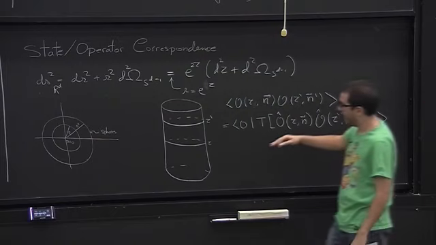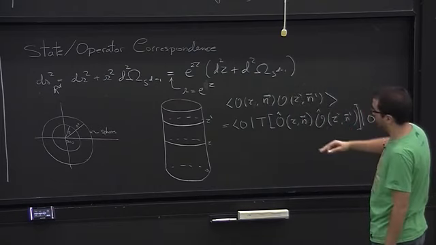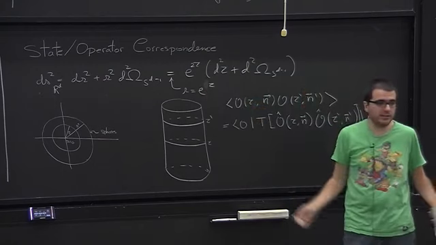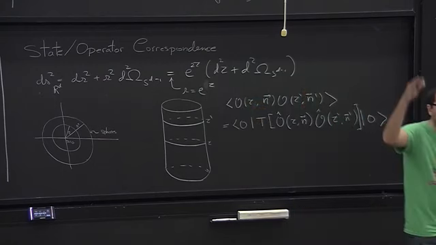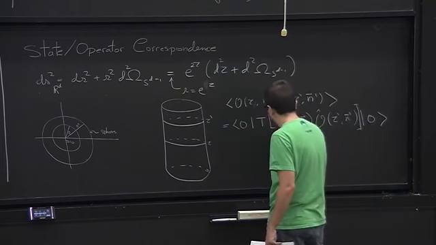Where now we are thinking of the theory on R times S3 as just usual quantum mechanics. Quantum field theory is also quantum mechanics, so you have some time evolution. And by these operators, I mean the usual Heisenberg operators.